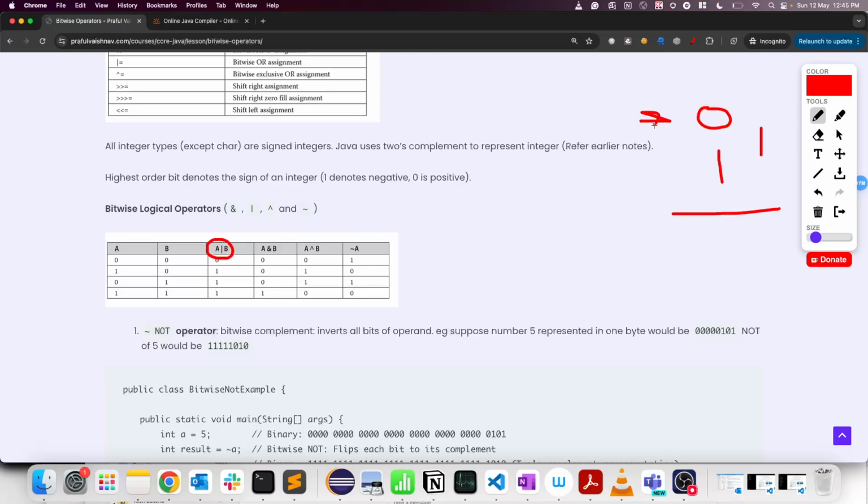If any operand's bit is 1, the result is 1. That's what we call the OR operator. And there is AND. What do we mean by AND? Both the bits should be 1, then only the result is 1, else the result is 0. We talk in terms of 1 and 0 in case of bits, not false and true.